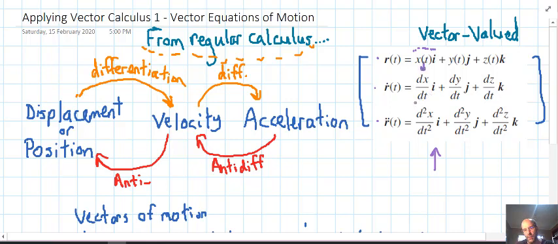Then for the acceleration from the velocity, we take the derivative of the middle, which is velocity, and then we follow the same process with y and z of t to get your j and k components.